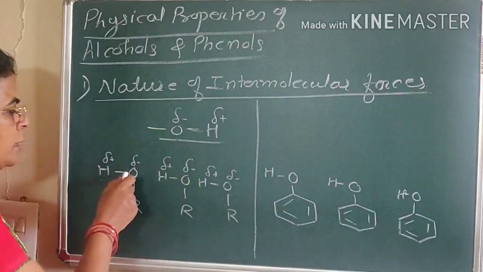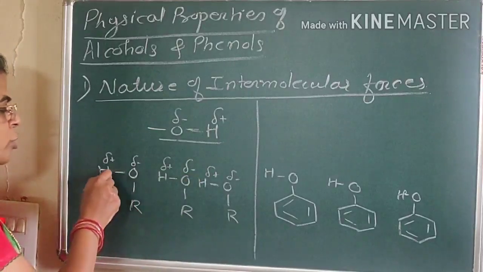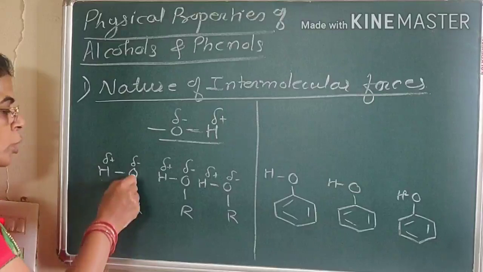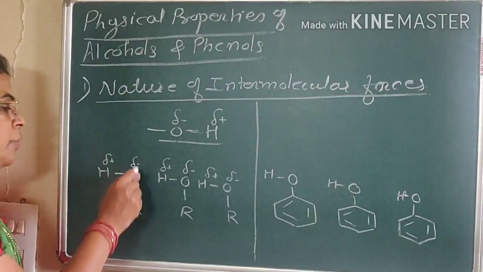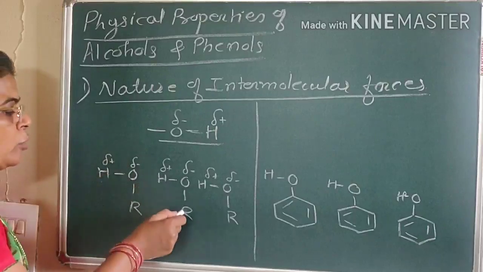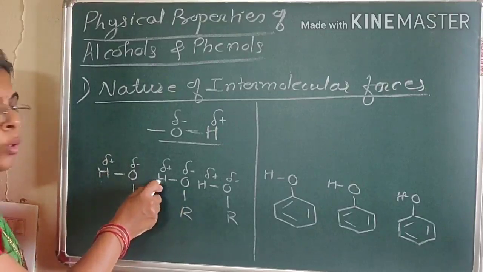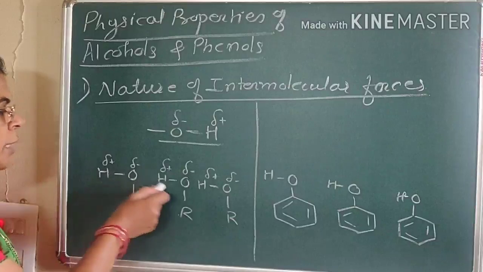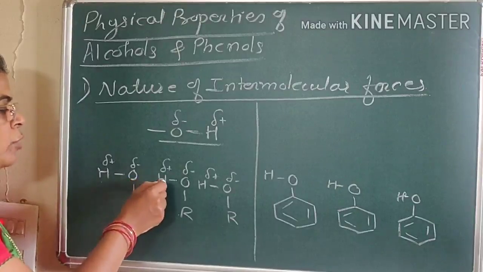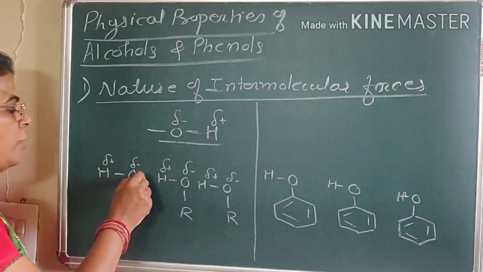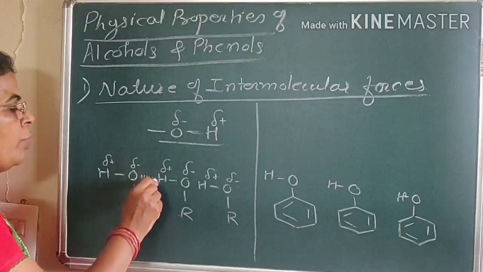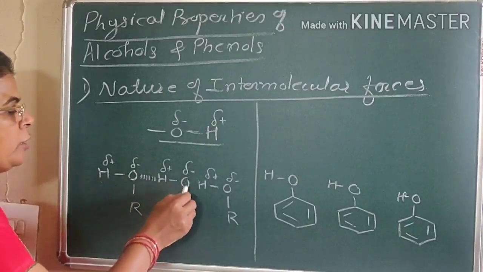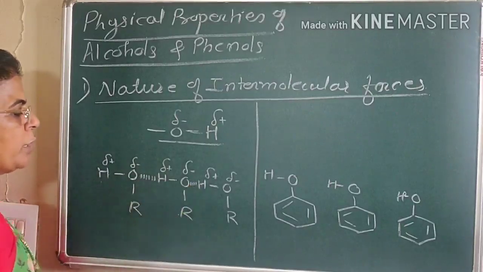Now this oxygen withdraws electron from this hydrogen atom. Similarly, it can withdraw electron from its neighboring alcohol molecule. It can withdraw electron from this hydrogen atom also, and therefore formation of a bond takes place. Now here also formation of such a bond takes place.